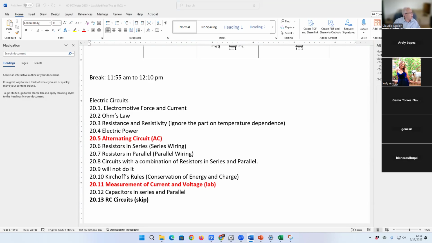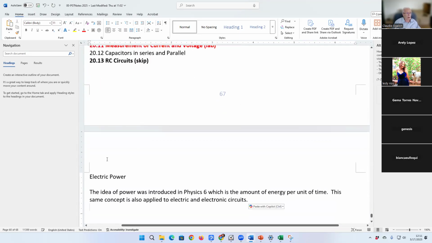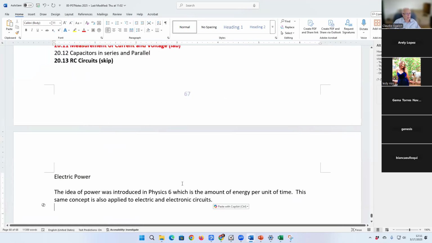The idea of electric power parallels the idea of mechanical power. It's no different than what we have seen before. Power is the amount of energy per unit of time.